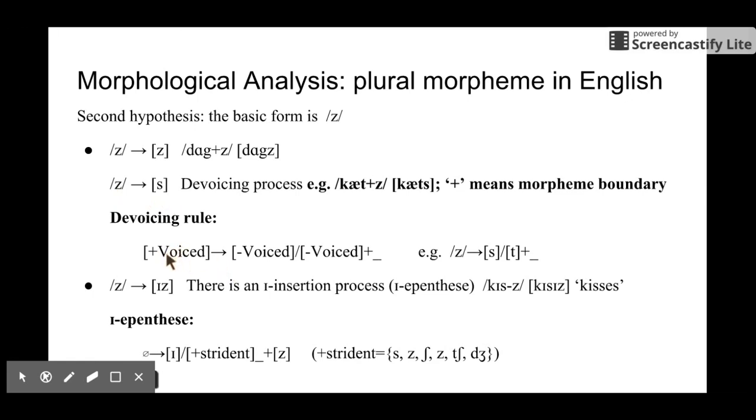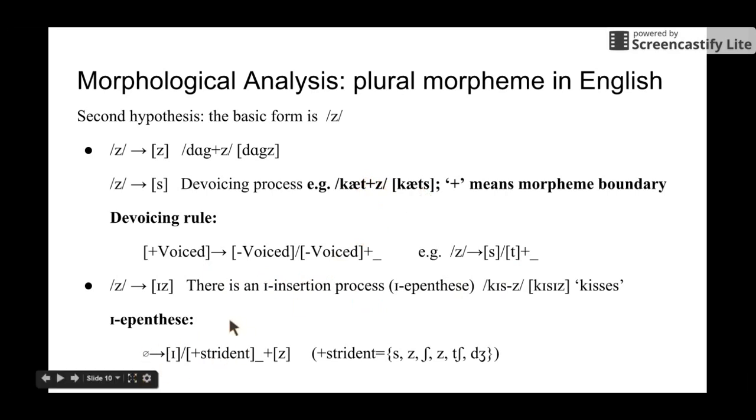So the rule can look like this: plus voiced becomes voiceless when it follows a voiceless sound. Okay, so in this case, z becomes s when it follows a voiceless t sound, right? Then we can derive cats.